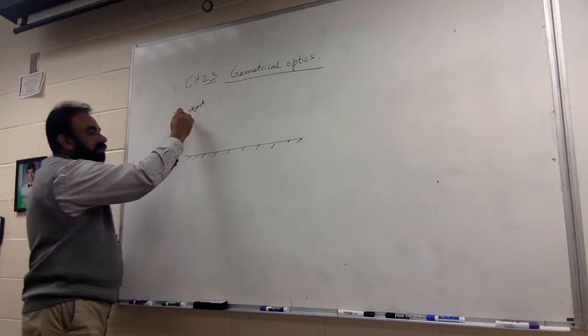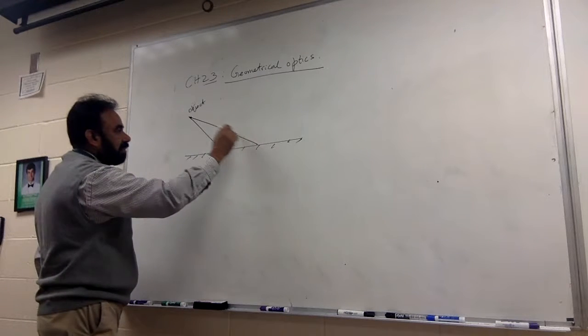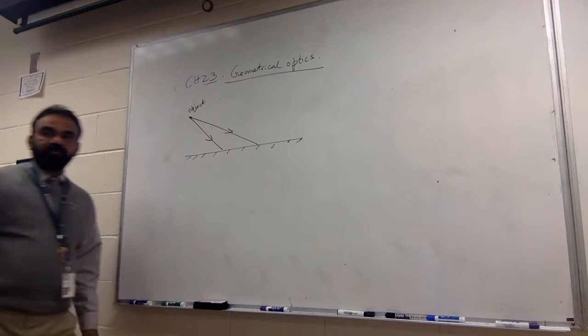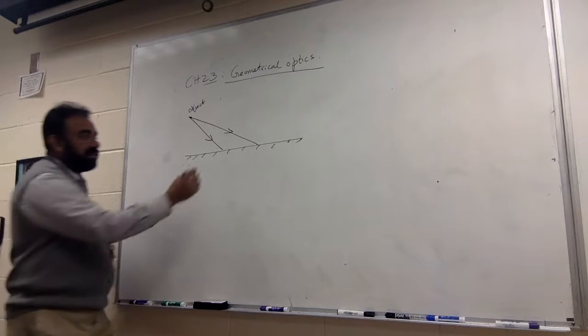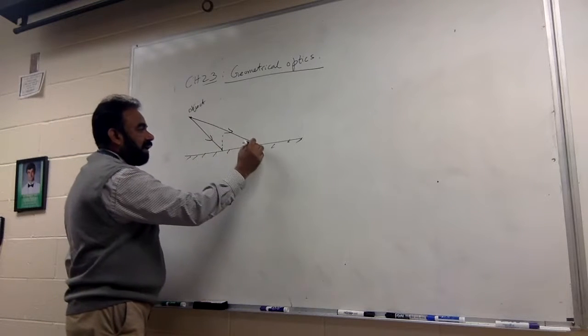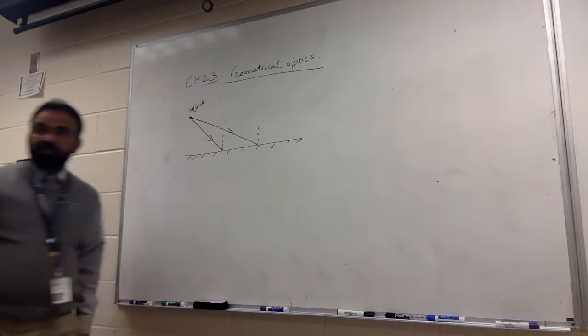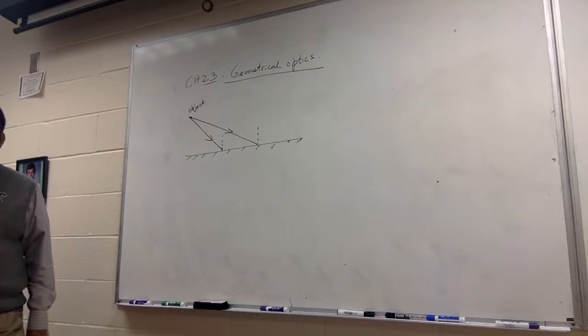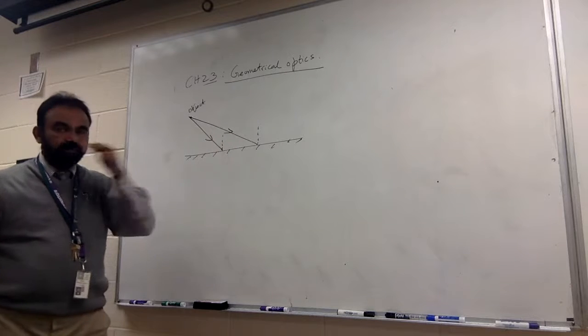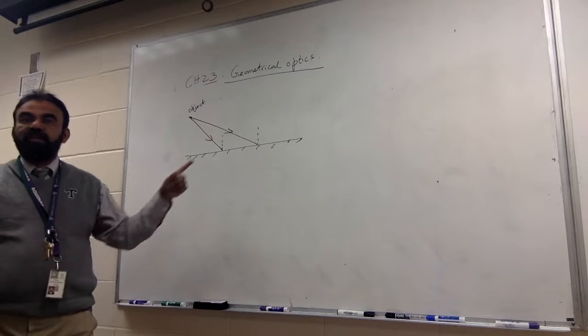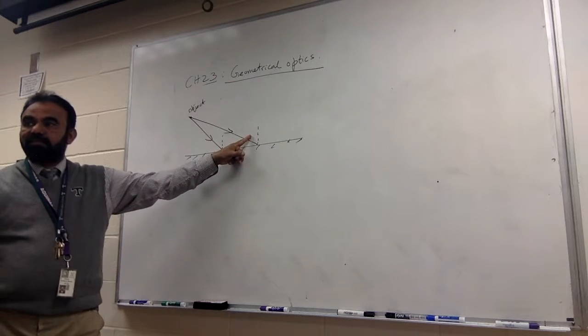From the object, rays come and hit the mirror. And then, depending upon where they hit, the angles are different. Which angle of incidence is bigger? This or this? This is bigger, right?